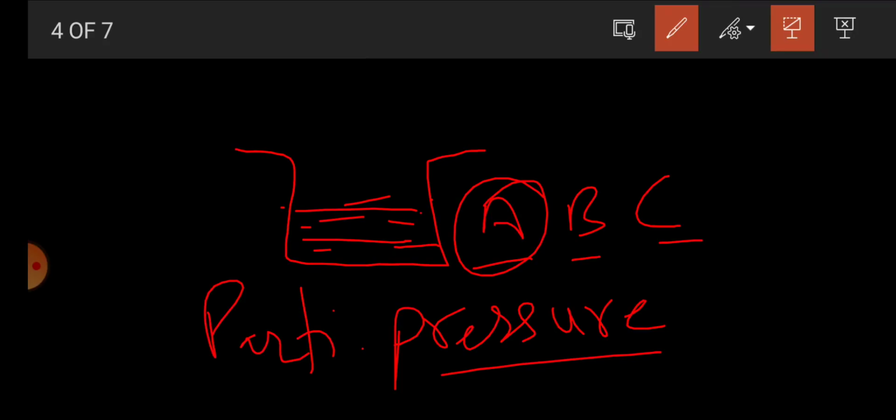Partial pressure means that we are talking about the pressure of one component in the liquid. There are three solutes in the solvent, but we are going to check the pressure of only gas A.